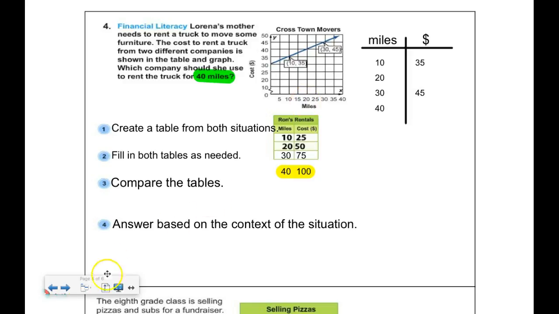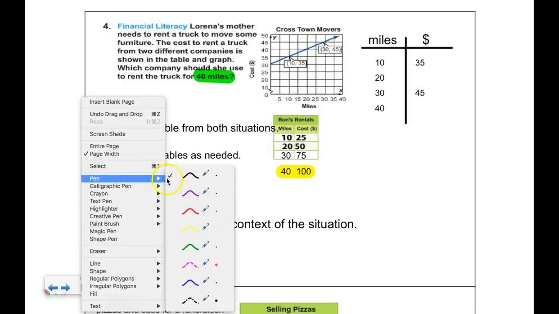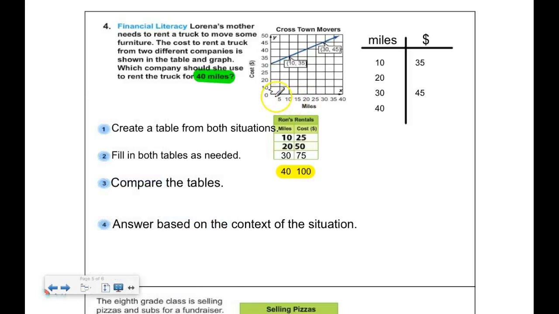From the graph, now it doesn't show you with an ordered pair, but you can see that for 20 miles, this is right on this line right there, which appears to coincide with $40. So that can help us also in terms of our pattern. And it looks like, based on our table, these are increasing by 5.